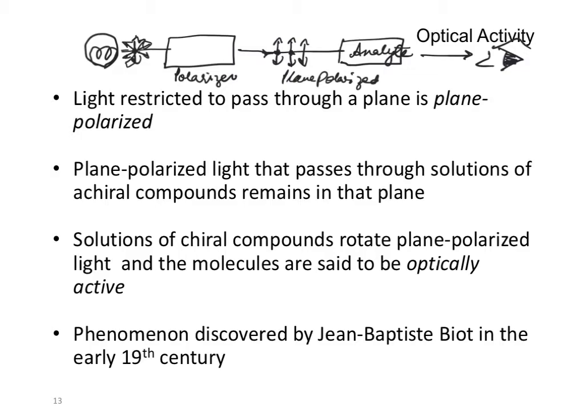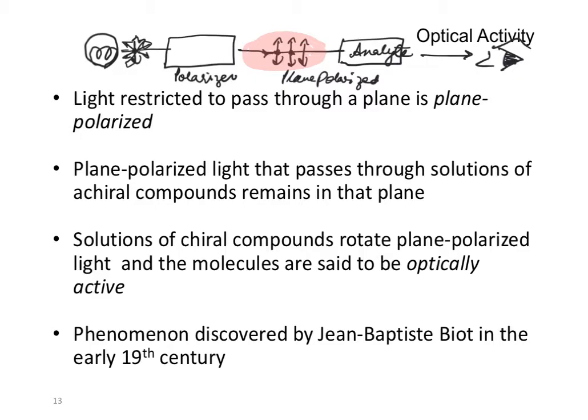Studying this, what he saw essentially was that when a beam of plane polarized light, which means a beam having passed through the polarizer, hits something which is optically active, essentially those optically active organic molecules, and he studied things like sugar and camphor, these had the ability to rotate the plane of that polarization through an angle.